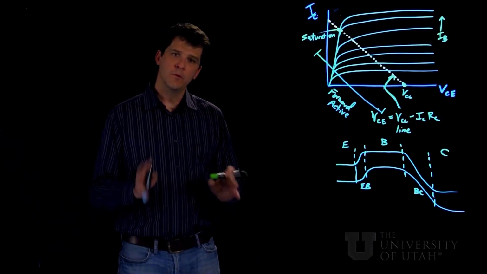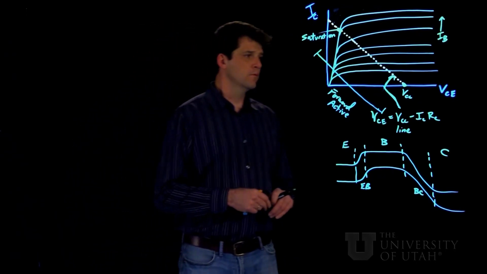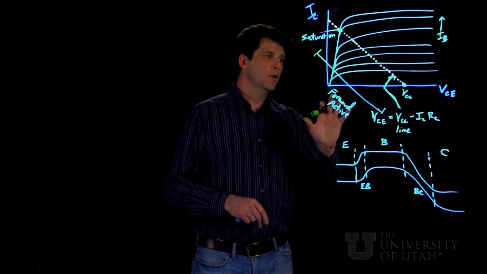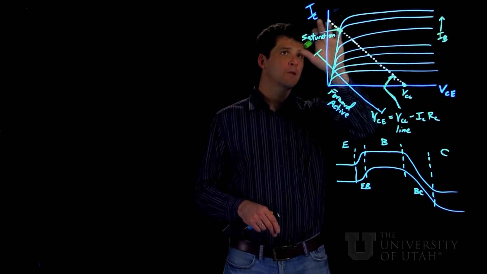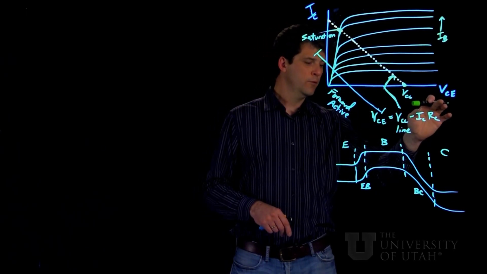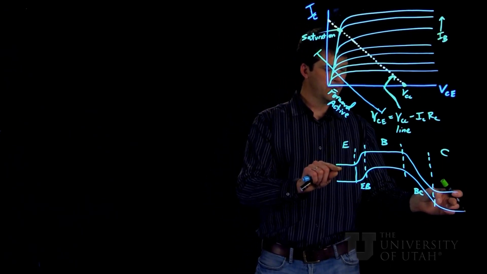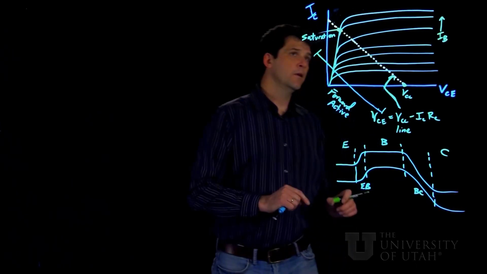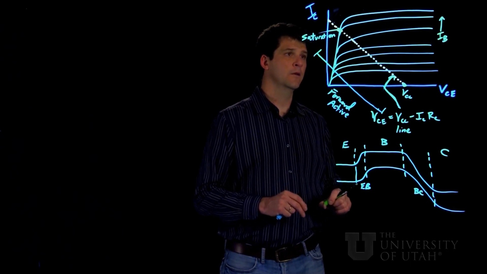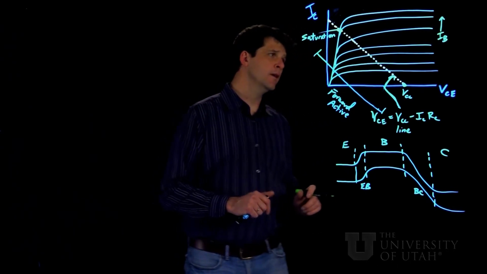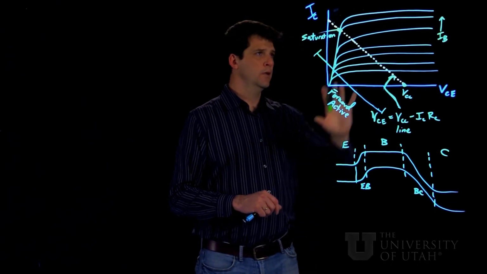All right, so now let's come back to the modes of operation for the device for a minute. We can look at the collector current versus voltage across the entire device, so the voltage from here to here in our common emitter connected NPN transistor, and we can determine that the IV curves look like so.